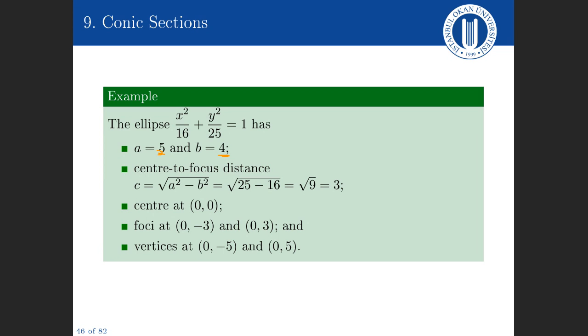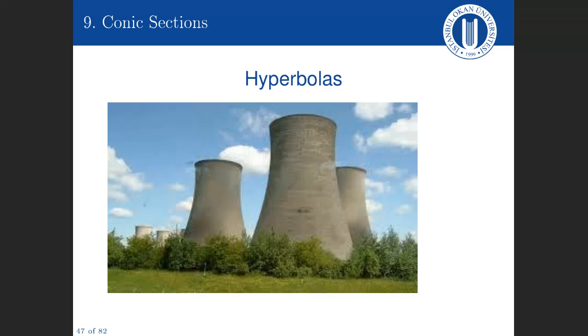Then we can calculate the center to focus distance is 3. The center is (0, 0) again. The foci are (0, minus c) and (0, c), or (0, minus 3) and (0, 3). And the vertices are (0, minus a) and (0, a), or (0, minus 5) and (0, 5).